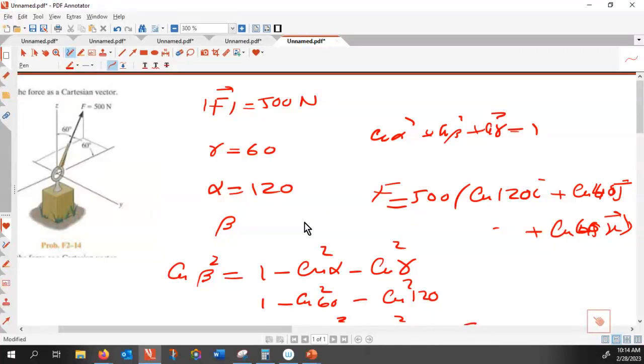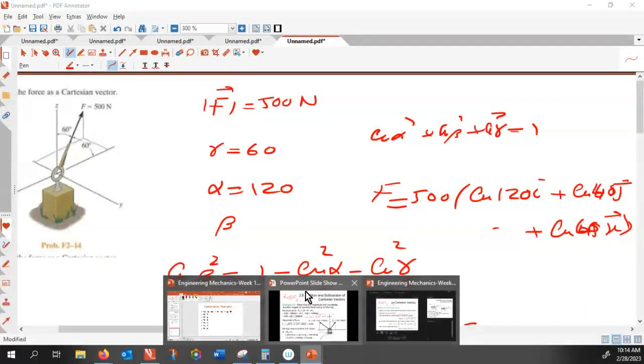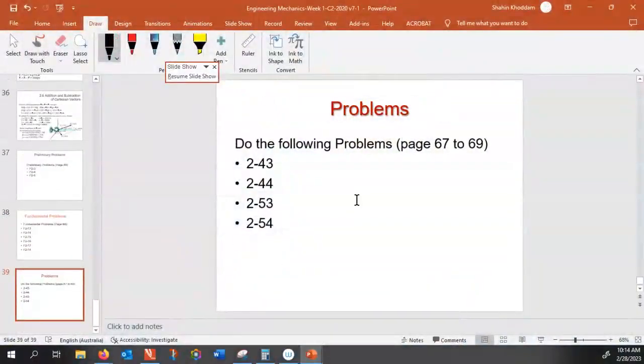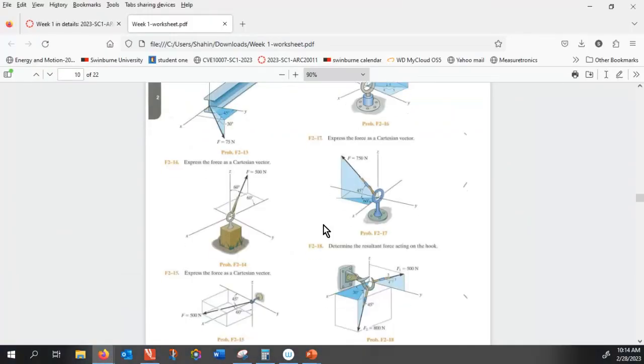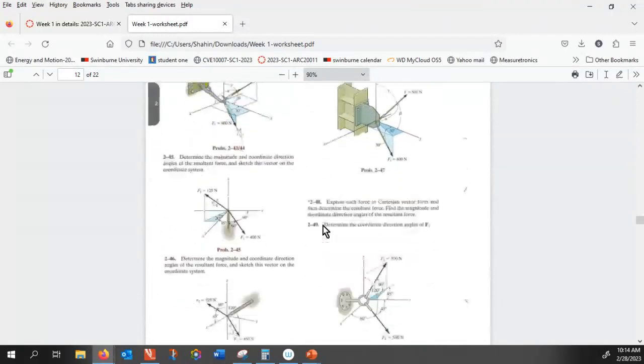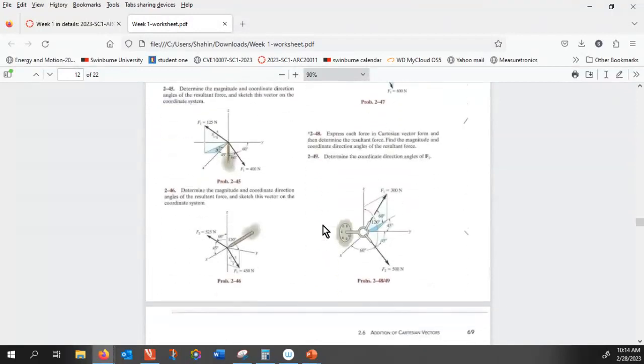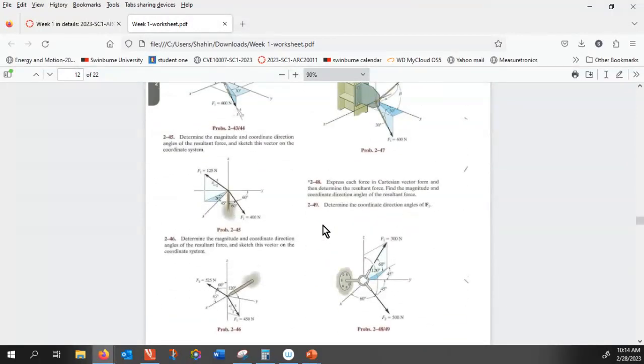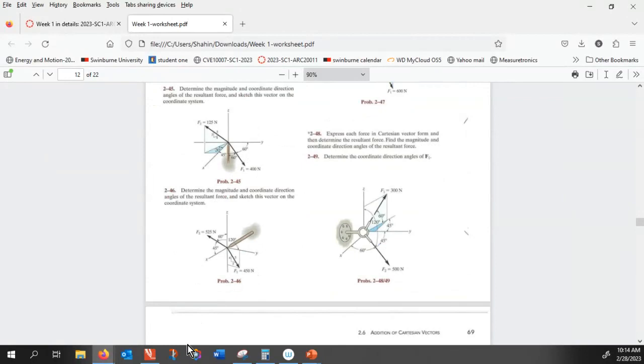So we have time for one more. Let's go to page 68. Okay, which one? What about doing 2-46?